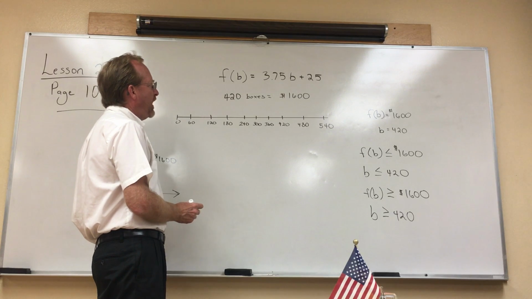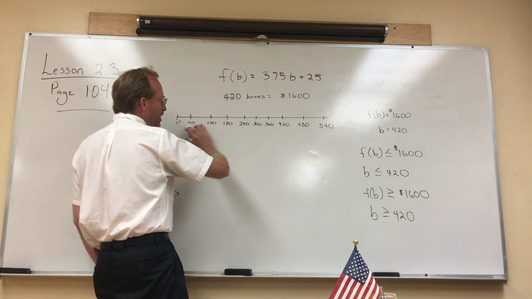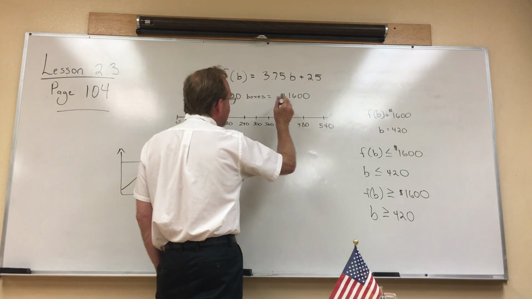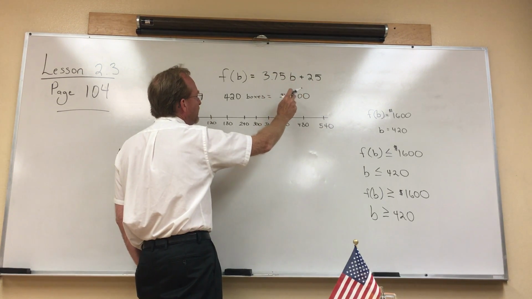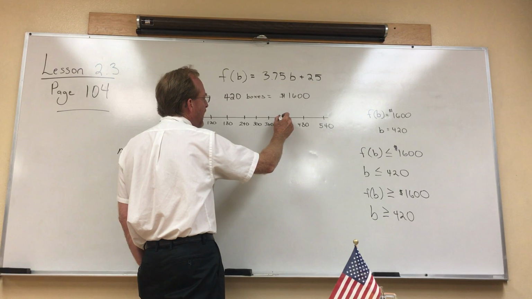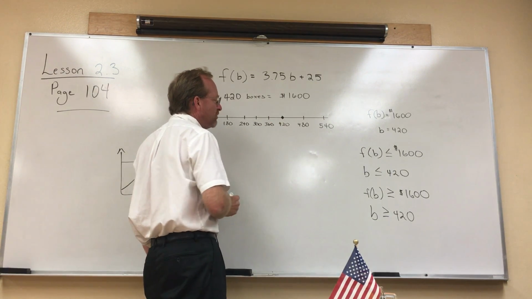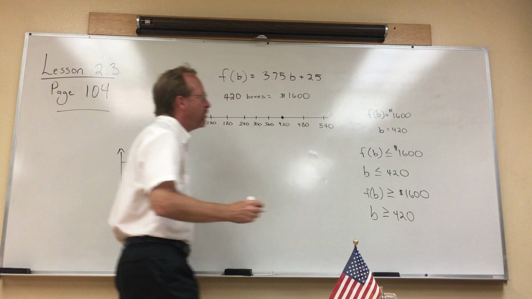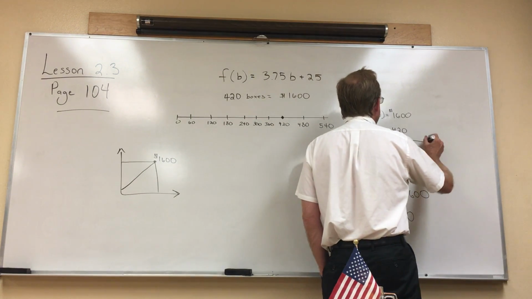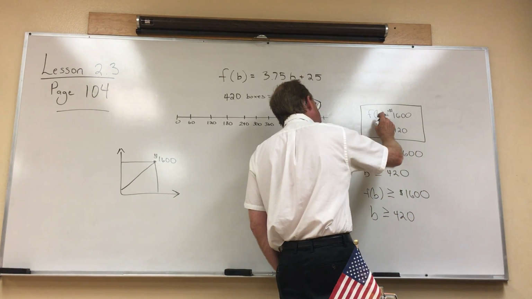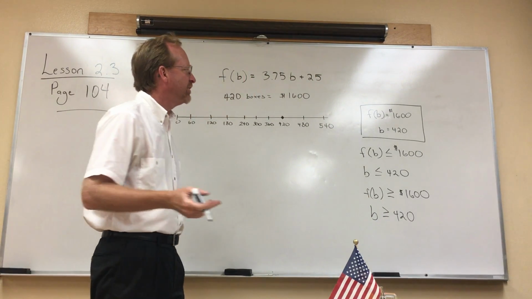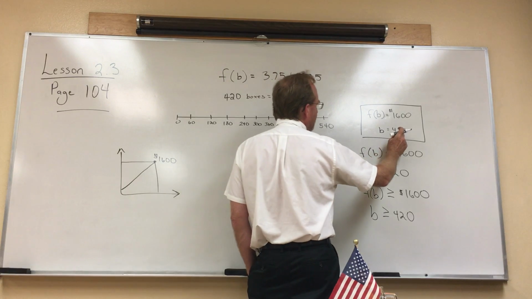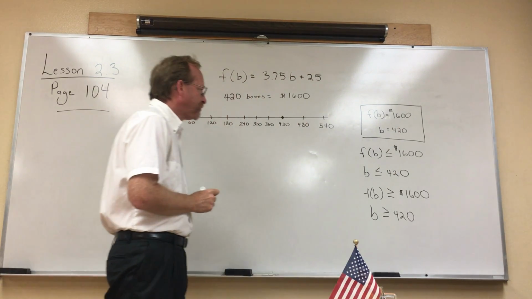Now, if we were to put that on a number line, this function, 3.75b + 25 equals this, it's going to hit right there, 420. Okay? All right, and that will look like this. If the function of b is $1,600, in other words, the out is $1,600, then the in is 420.